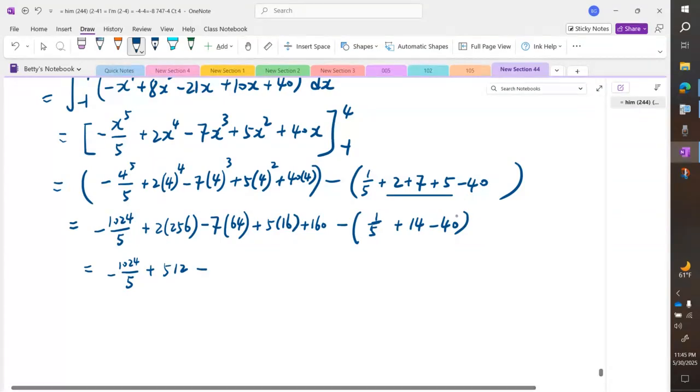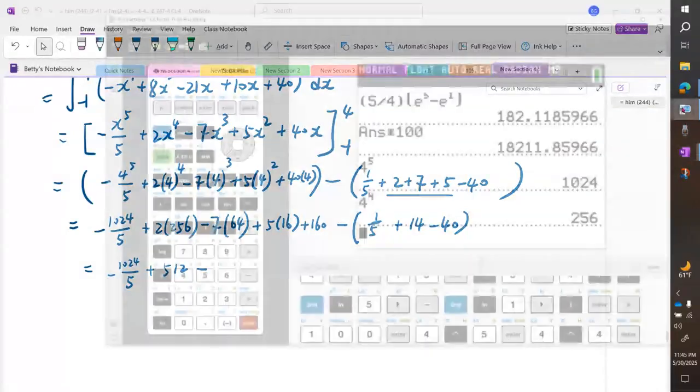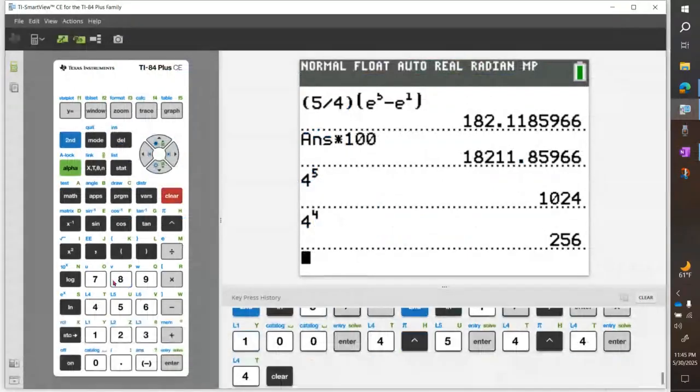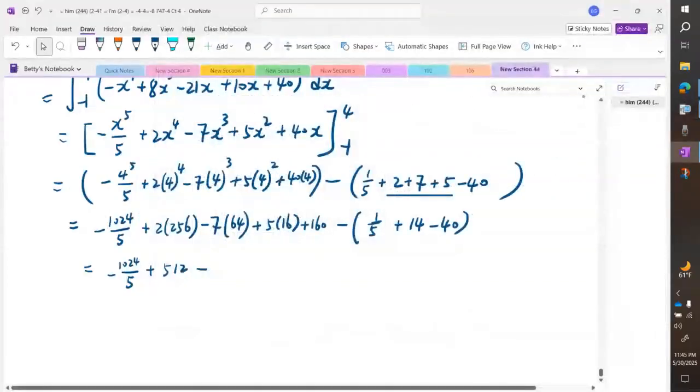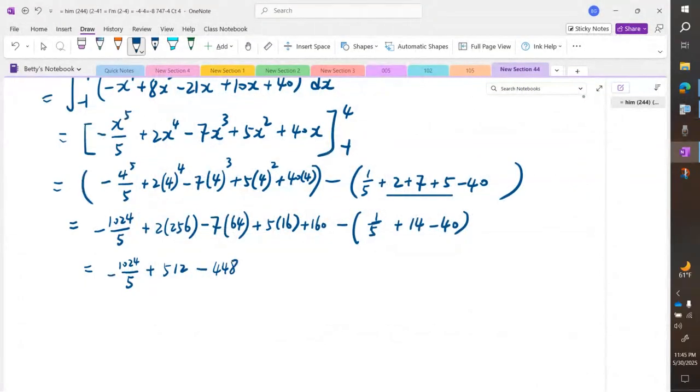And minus 64 times 7, 448. And plus 16 times 5 is 80. It's 160. And minus 1/5 minus 26.